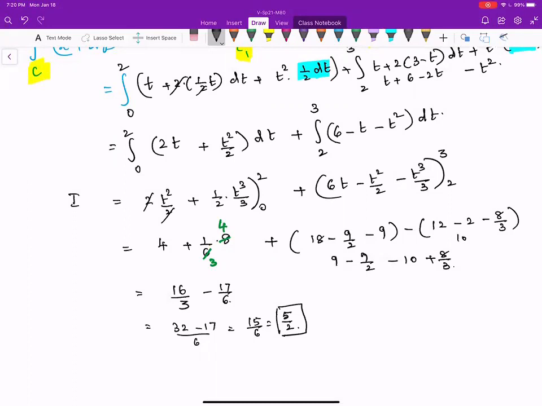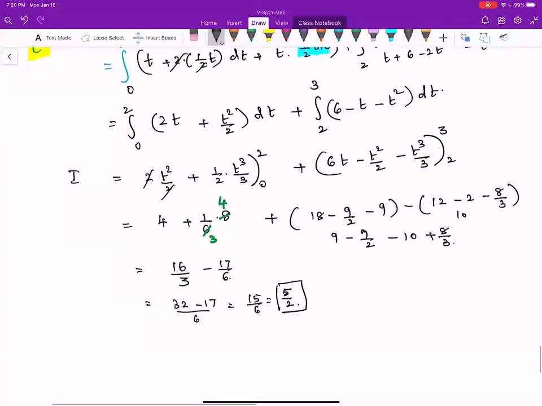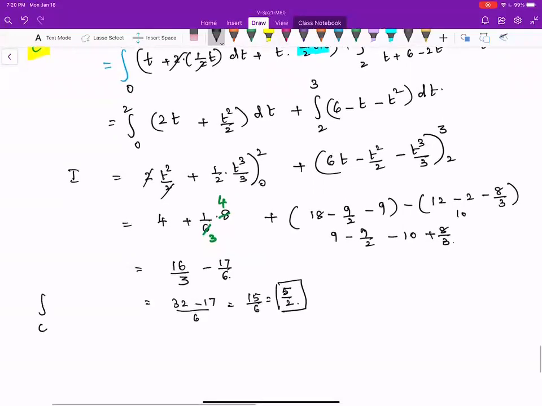So if you plug in these limits for the upper and the lower and then evaluate and expand and simplify, then you will get the value of the line integral to be equal to 5 by 2. So the integral over C of x plus 2y dx plus x square dy equals 5 over 2.